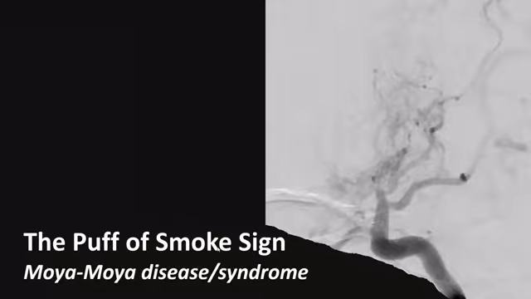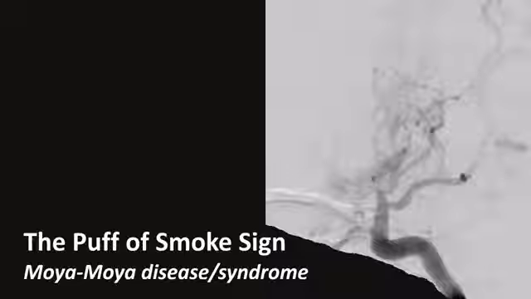So Moyamoya disease is a chronic disease often involving the large proximal arteries of the anterior circulation, being the carotid head or the main trunk of the middle cerebral artery, the anterior cerebral artery, so the proximal parts. And these chronically narrow, stenose, sometimes even occlude.